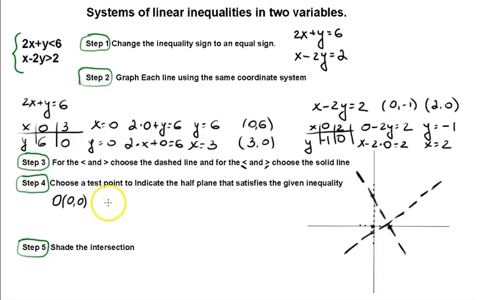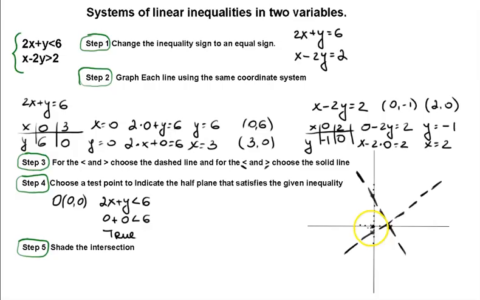So the first inequality is 2x plus y less than 6. Let's substitute 0 into the first inequality. 2 times 0 plus 0 is 0, less than 6. That's true. And this is my line that represents the first inequality.